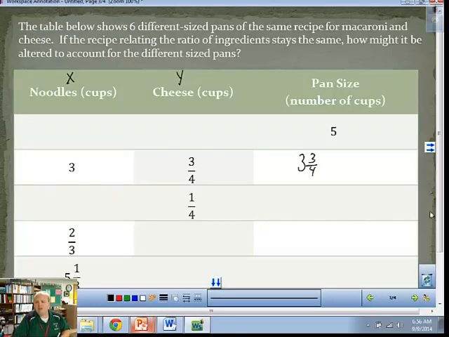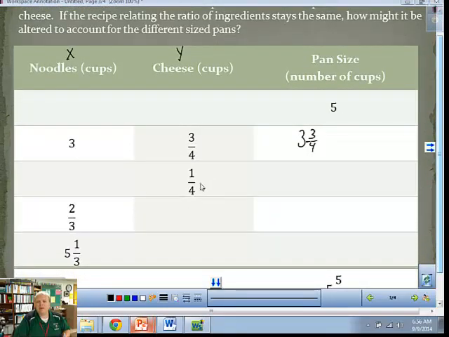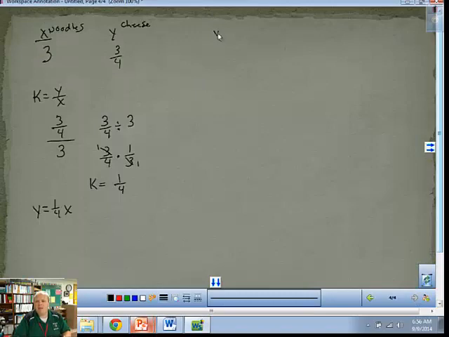So this next one that we need to try to find is 1/4. 1/4 is my Y. So let's go back to our slide. So Y we said was 1/4. So I'm going to go 1/4, or Y equals 1/4 X. Plug this in here. So I have 1/4 equals 1/4 X.